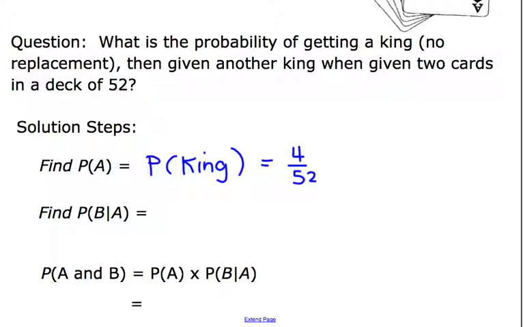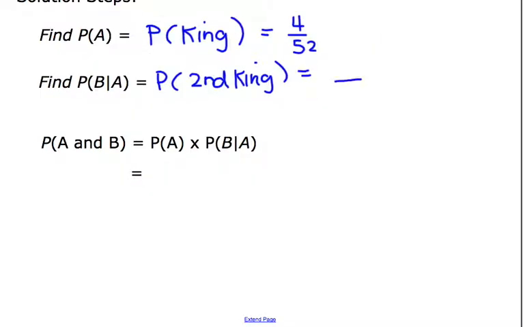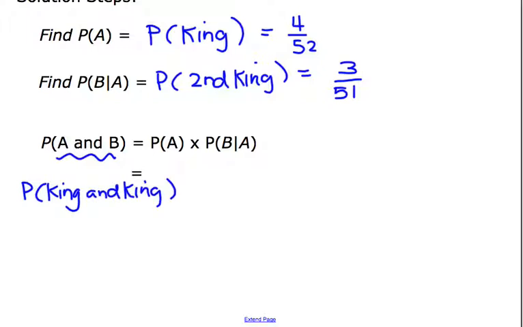So now one king is gone. Now we want to find the probability of getting the second king. Remember, we just took one card out of the deck, so now we're down to 51. And we took one king out of the deck, so now we're down to 3. In order to find the probability of these two events occurring, to get a king and another king, we multiply the two probabilities we found above.